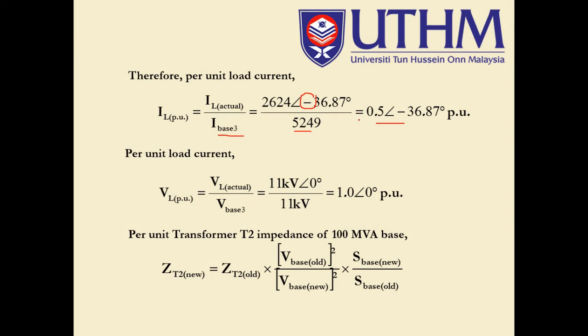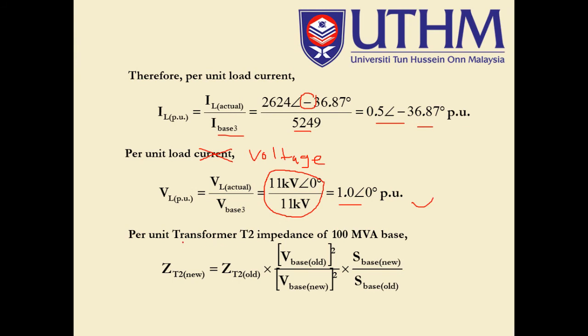So the value of I_L PU is 0.5 at negative 36.87 degrees. Then we have V_L, the load voltage, with a similar process to what we saw in example 7: 11 kV over 11 kV, actual over base, giving us 1.0 at zero phase angle PU.